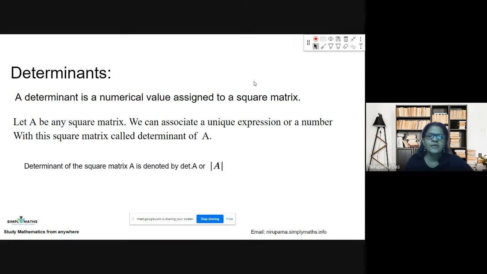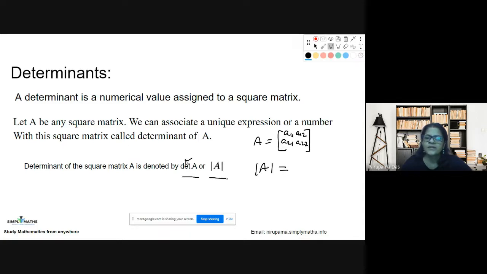If A is a square matrix, we can associate a unique expression or a number with this square matrix, which is called determinant of A, and determinant of A can be denoted like this or this. Suppose for example we have a matrix like a11, a12, a21, a22. The corresponding determinant we write like this.